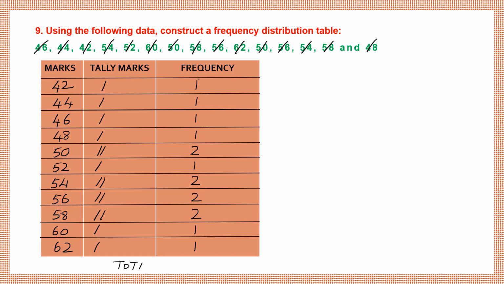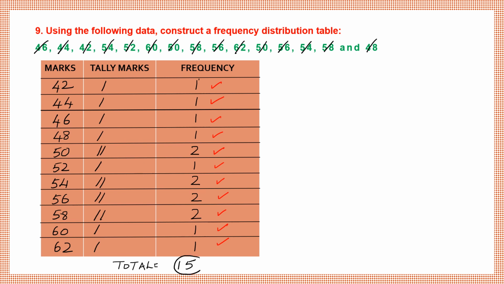Now let's find the total. Let's add this up and find. 1 plus 1 is 2, 3, 4, 4 plus 2 is 6, 7, 7 plus 2 is 9, 9 plus 2 is 11, 11 plus 2 is 13, 14, 15. So our total is 15.